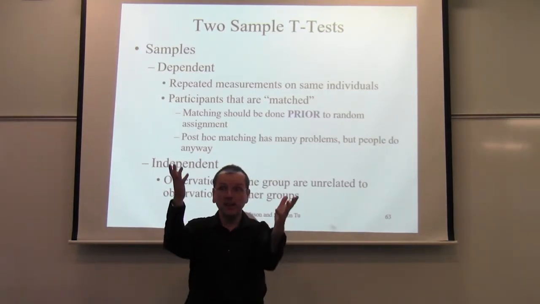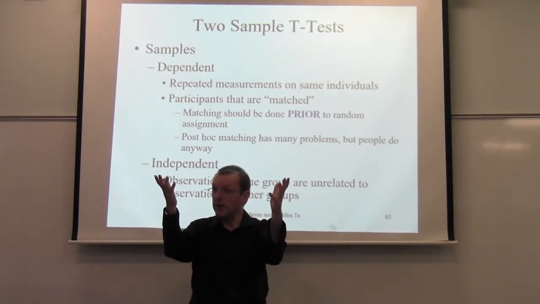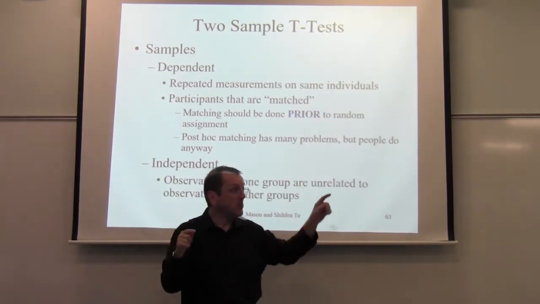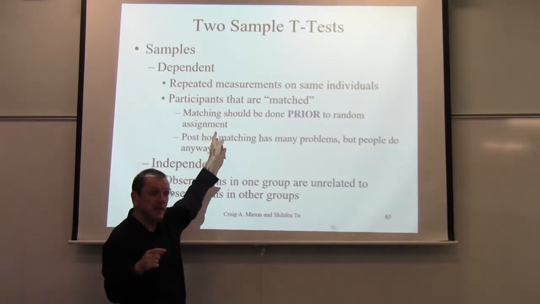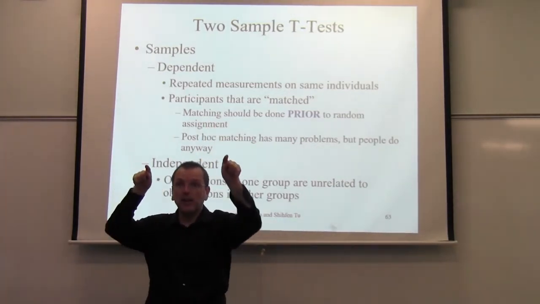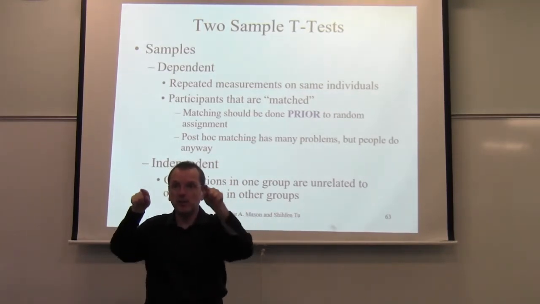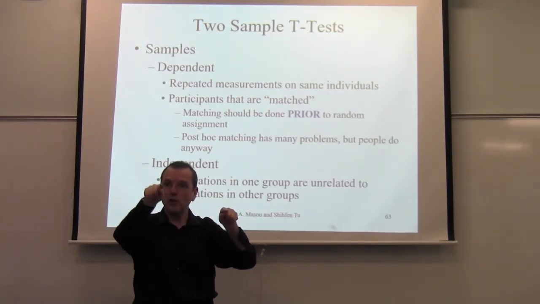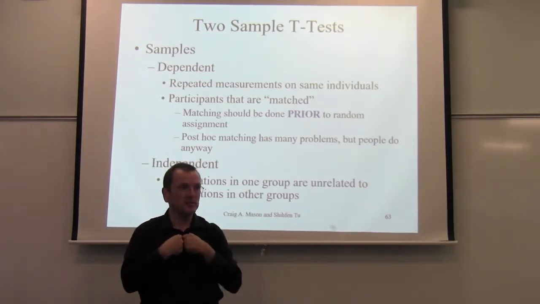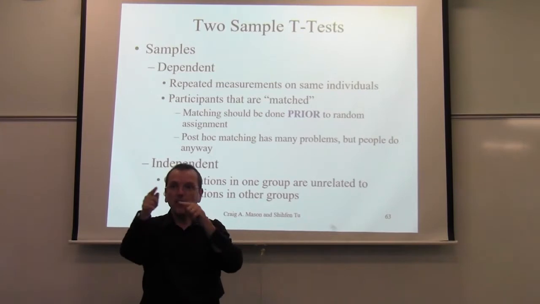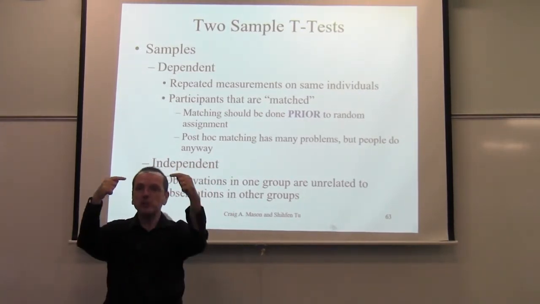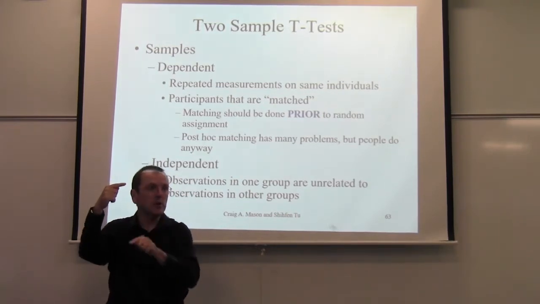So I want to see, is there a difference between the pre-test and post-test? With the dependent t-test, each kid is matched up with each kid. There's your pre-test and post-test, and then you've got a pre-test, and you've got a post-test, and I got a pre-test, and I got a post-test. So each measure of the post-test is matched to one specific measure on the pre-test.